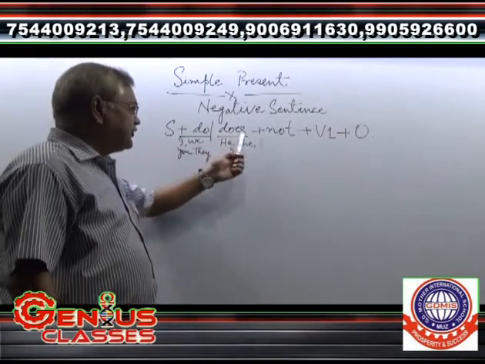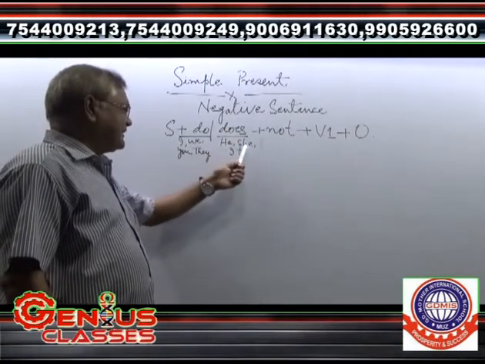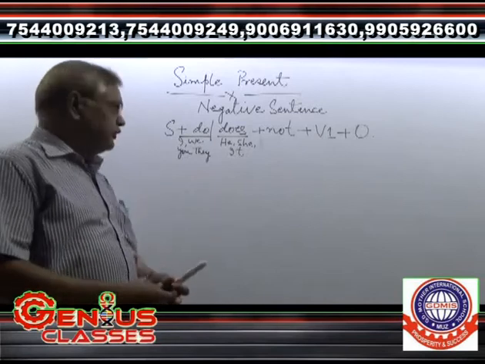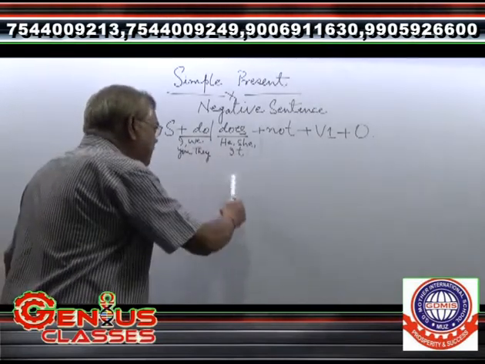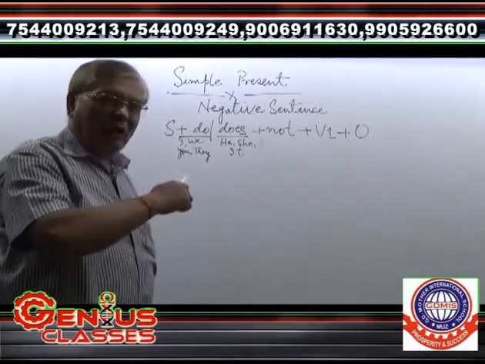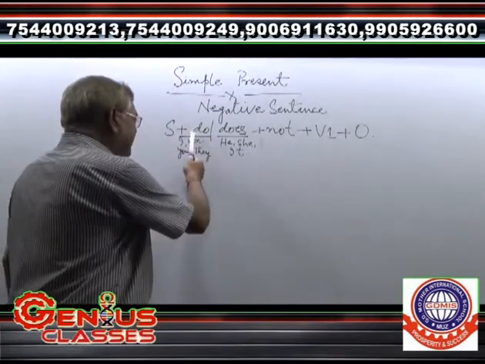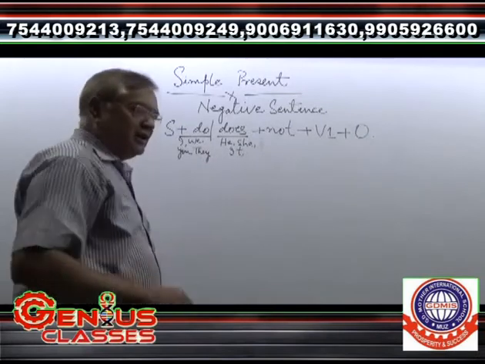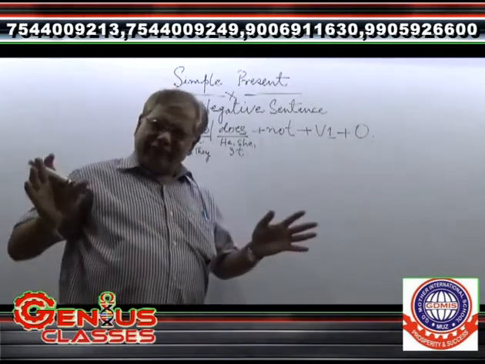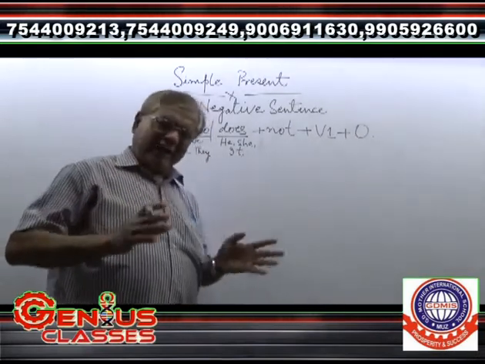Whereas for does, it is he, she, it. These are called the personal pronouns, and under these pronouns the whole subject noun comes.